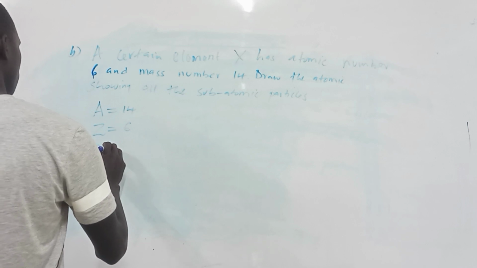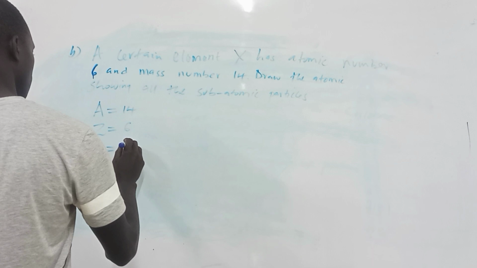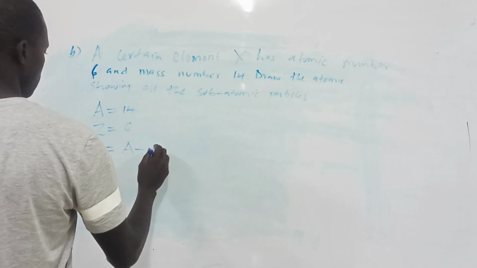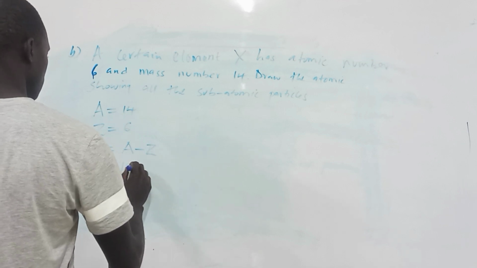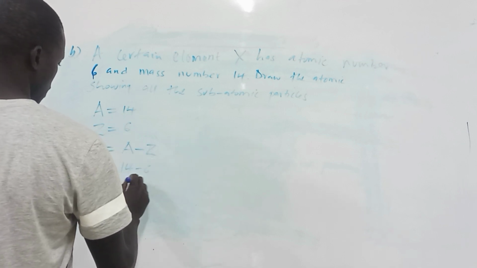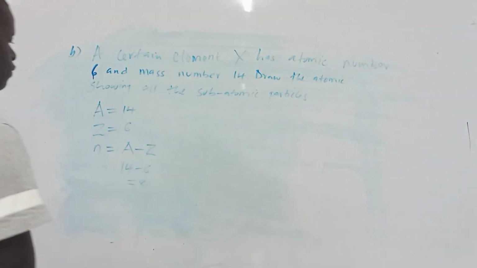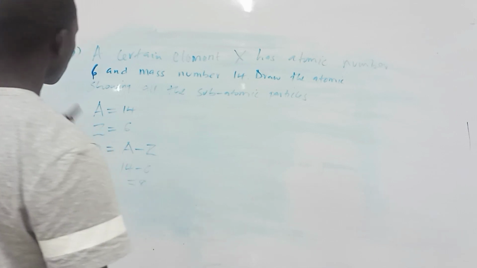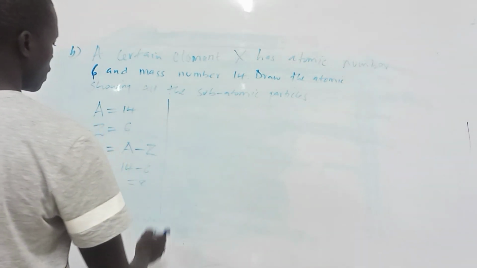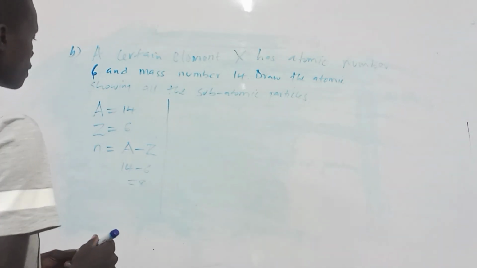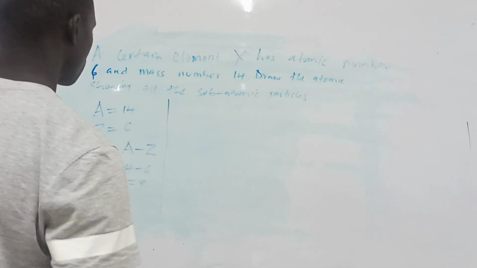To come up with the number of neutrons, we subtract atomic number from mass number: 14 minus 6 gives 8. The number of protons and electrons are the same as the atomic number. Now we draw a structure, having known the number of neutrons, electrons, and protons.